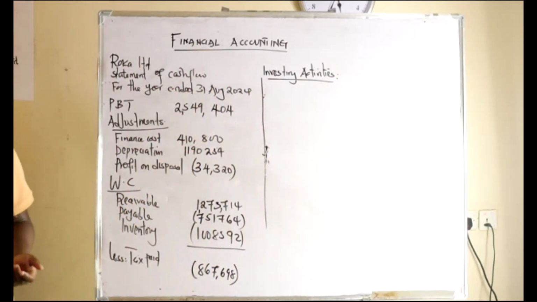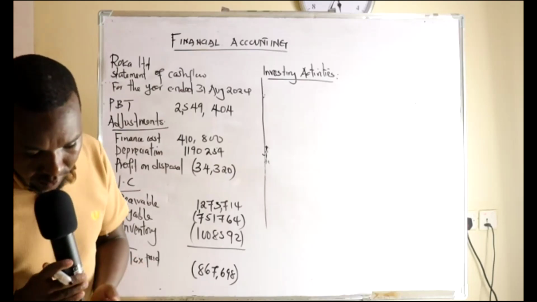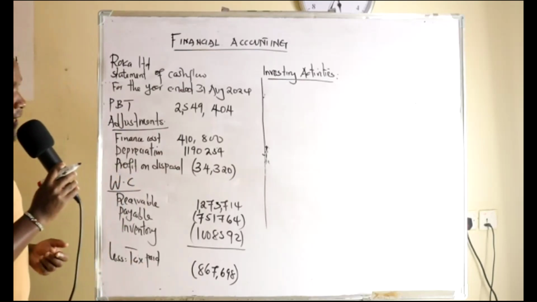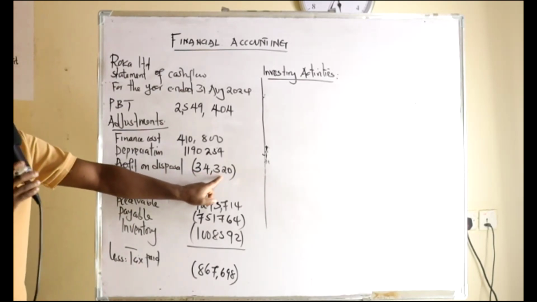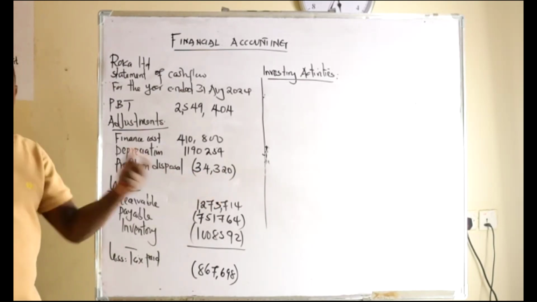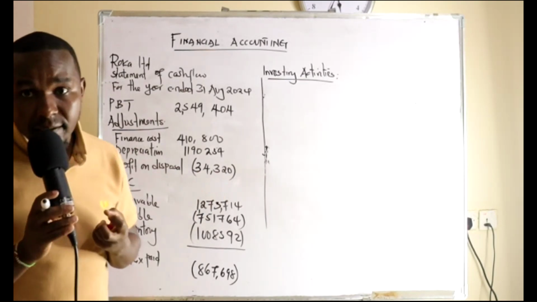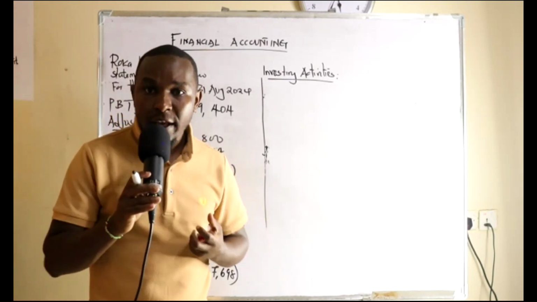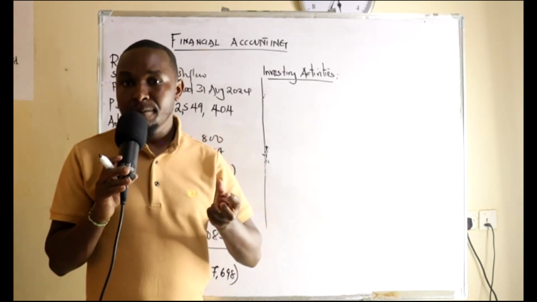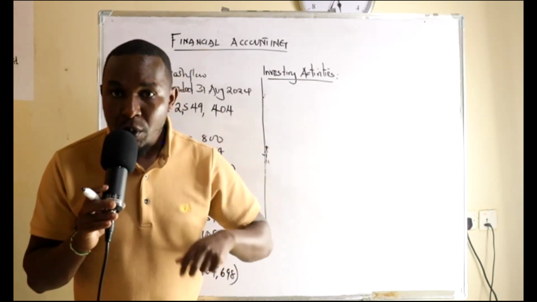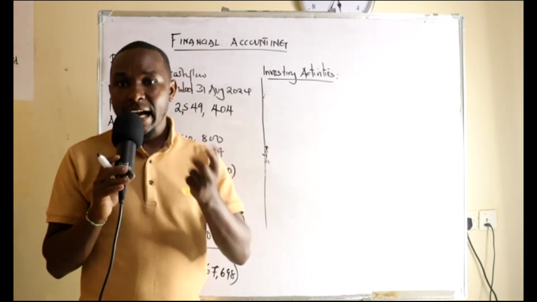So we can start with the additional information number 1, which the examiner has given us the profit on disposal. They have also given us the cost of the asset they disposed and also the accumulated depreciation. So with those items, we can get the cash proceeds.